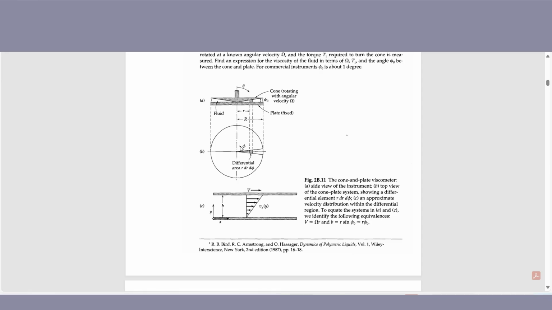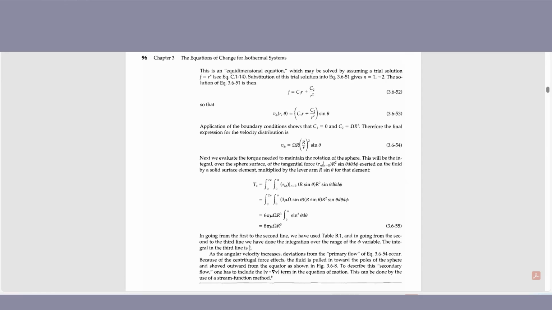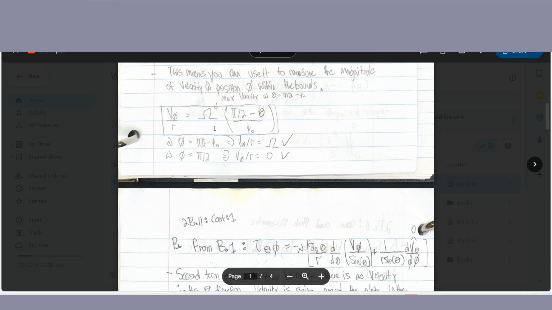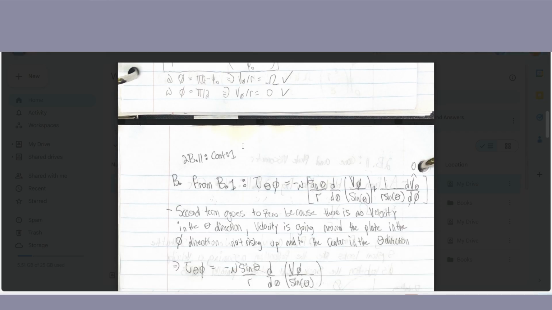So the velocities are different up and down, but they're not different due to phi, and they are going to be different due to r, the radius. But that's not really the problem that we're going through. So yeah, that's why this goes to 0, and the rest of this is still correct.